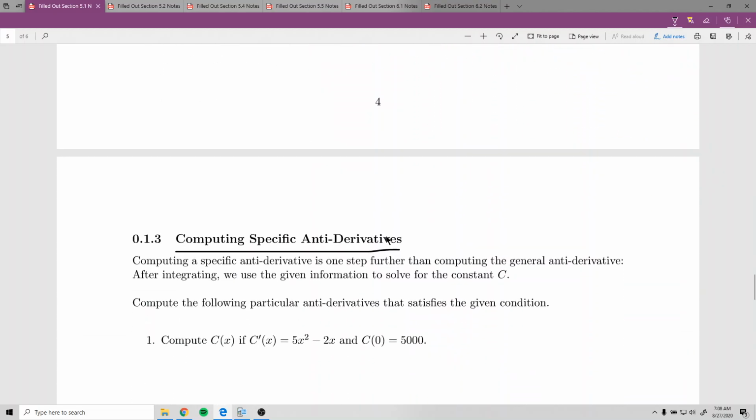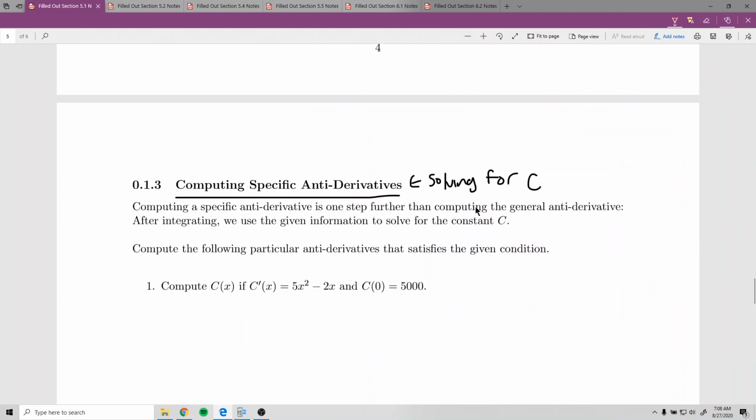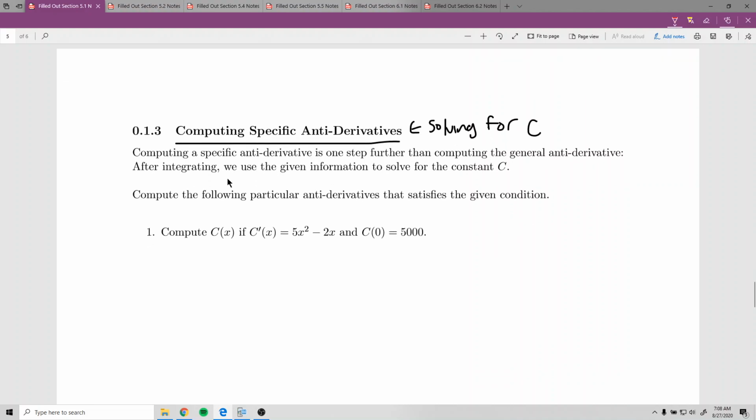So computing specific antiderivatives means we will be solving for C. The reason the general ones are called general ones is because C can be anything, so this isn't a set defined concrete function. When you solve for C, it's actually something very concrete. And that's all my directions here say.